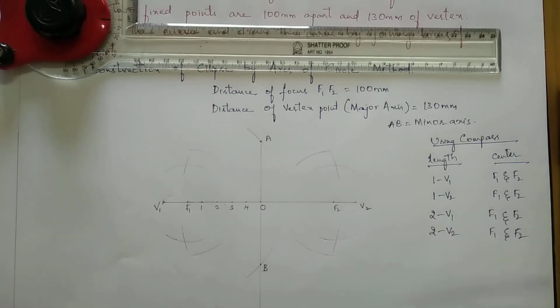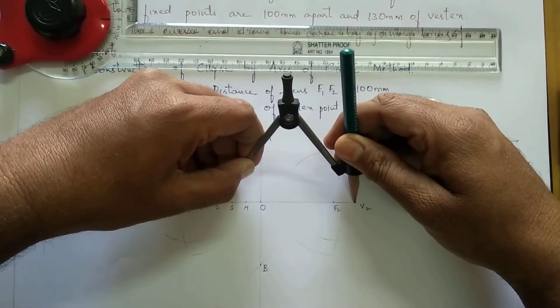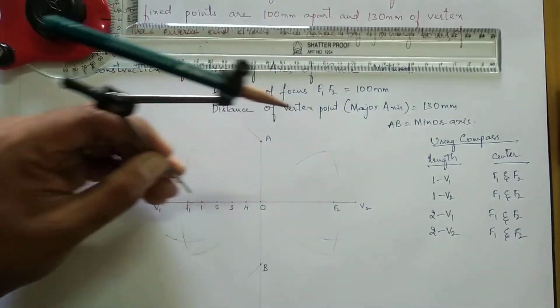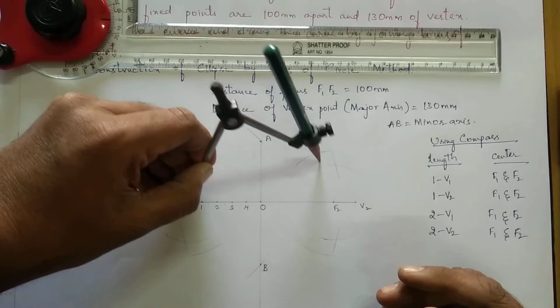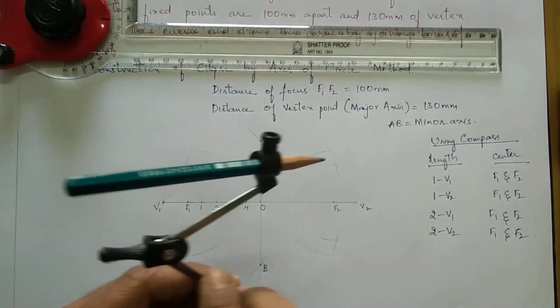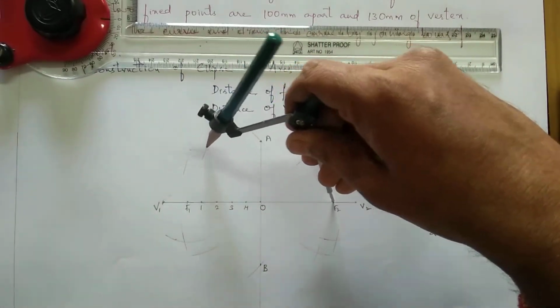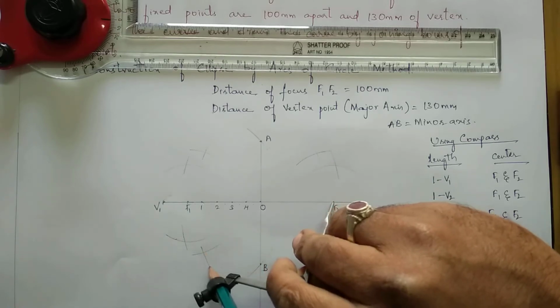Now next go for this. 2 to V2 length, F1 as a center, F2 as a center. Similarly, F2 as a center, draw an arc above and below.